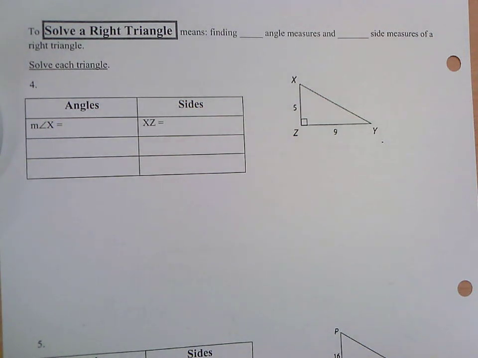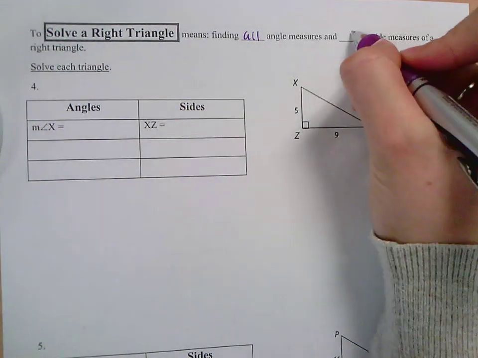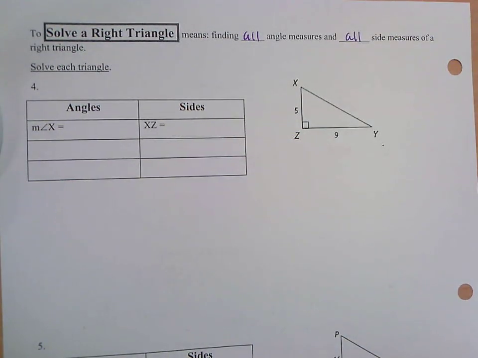The sheets are up if you can grab them. Solving a right triangle, what this means, if the directions just say solve the triangle, that means you find all angle measures and all side measures. So you have 6 answers. You need all 3 angles, all 3 sides.